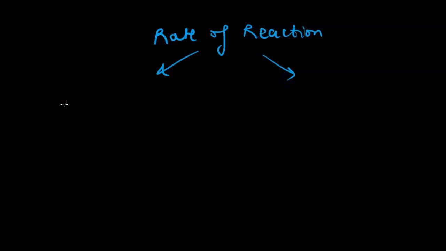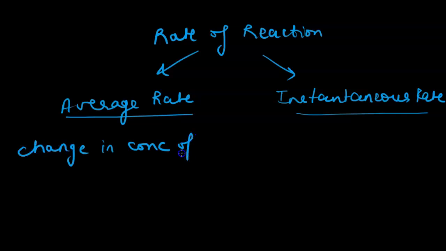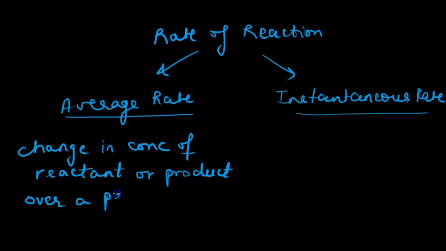Another thing we need to know here is that rate of reaction is of two types. One is called the average rate of reaction and the other is called the instantaneous rate of reaction. Average and instantaneous both mean change in concentration over time, but for an average rate, we find the change in concentration. It could be of the reactant or product, it doesn't matter, because we know the reaction rate is the same over a given interval.